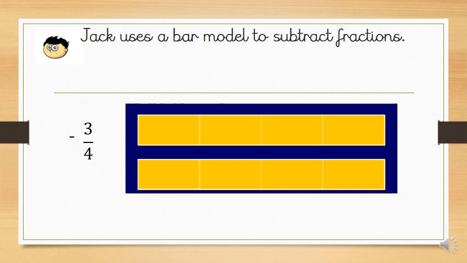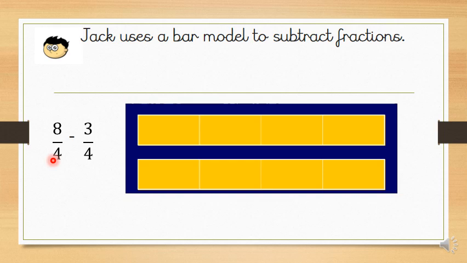Let's count. So we know it's going to be split into 4. How many parts do we have? 1, 2, 3, 4, 5, 6, 7, 8. We've got 8 parts, and they have been split into 4. So we've got 8/4. So 2 wholes is the same as 8/4.